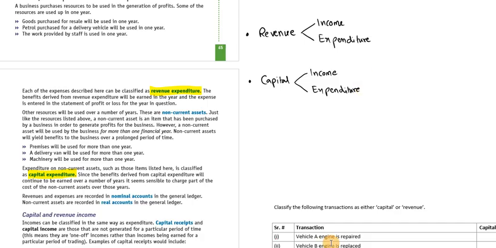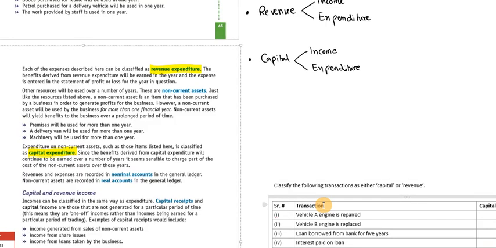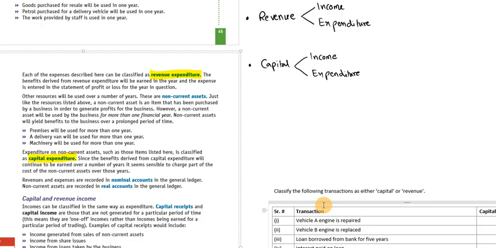Actually it is the 2 concepts, revenue and capital, but in total we have 4 different concepts: revenue income, revenue expenditure, capital income and capital expenditure.